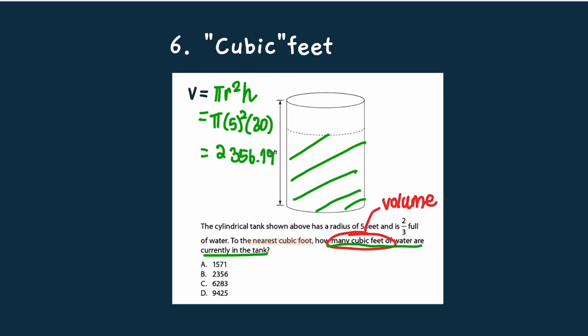2356.19 cubic feet. But this is the volume of the whole tank, not the volume of the water in the tank. They say 2/3, so the volume of the water is 2/3 of the tank, right? So it's 2/3 times 2356.19, which is the volume of the tank.